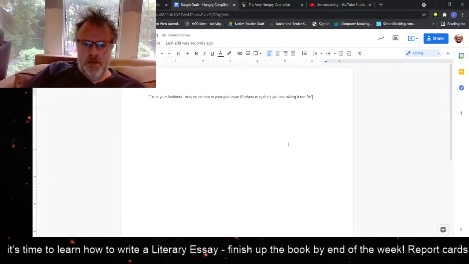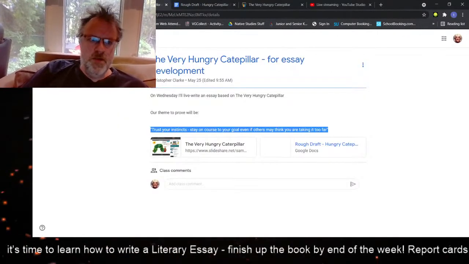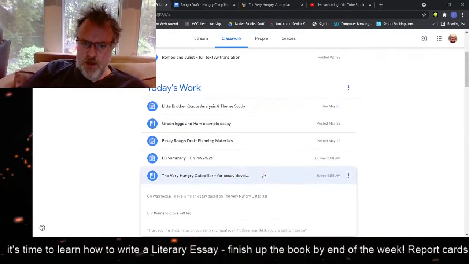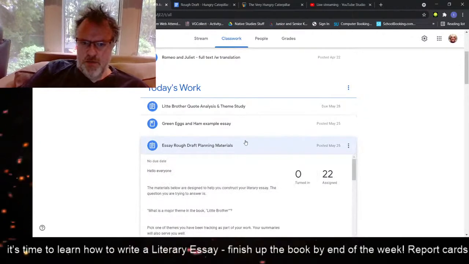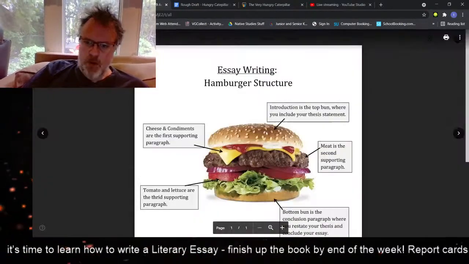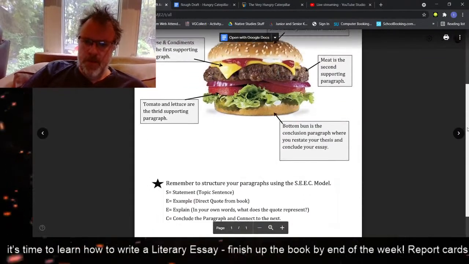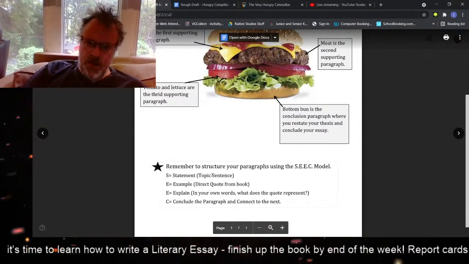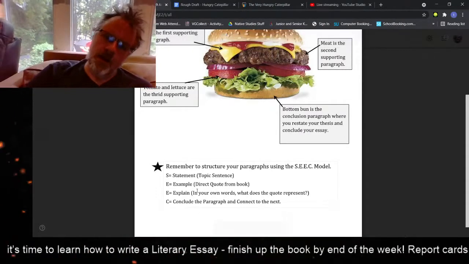Okay? So before I do that, I just quickly want to show you what paragraph structure I'm going to be using. Okay, so in the rough draft essay materials, there is this hamburger method. Okay, so I'm basically going to be using this down here for my body paragraphs.